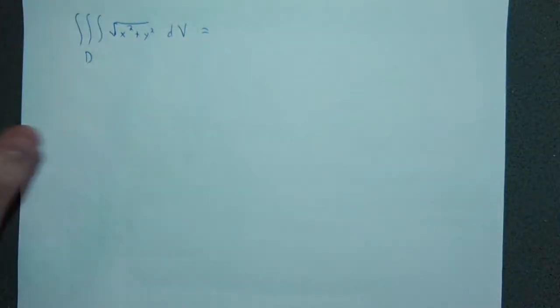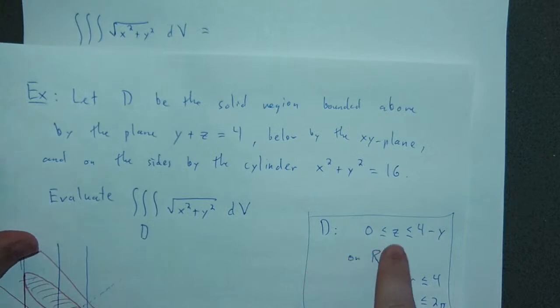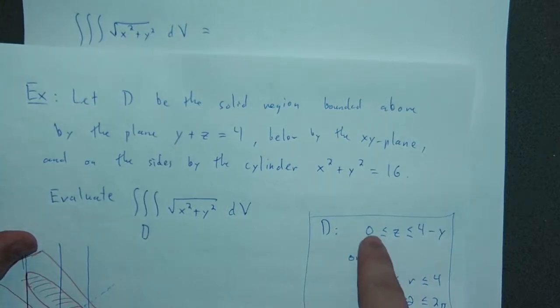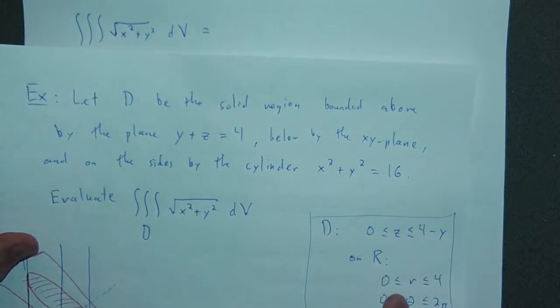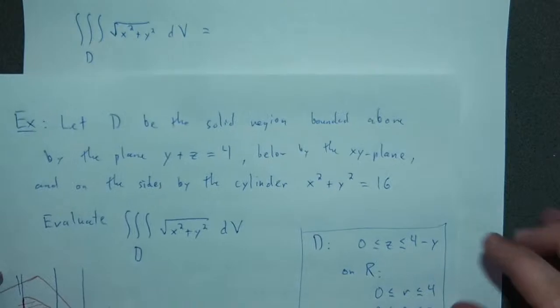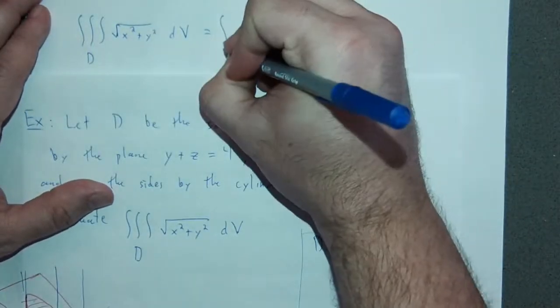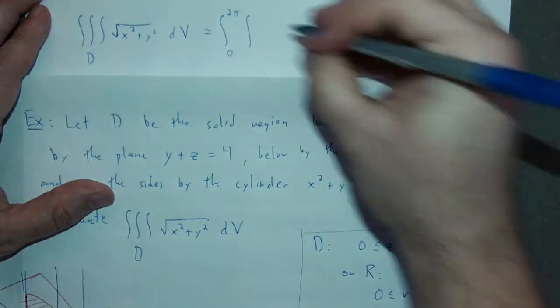Now, this is reminding you what I said D was. D is bounded, so in the z coordinate, it's bounded below by 0 and above by 4 minus y. In polar coordinates, little r is bounded between 0 and 4, and theta is bounded between 0 and 2 pi. So this is the integral from 0 to 2 pi, the integral from 0 to 4.